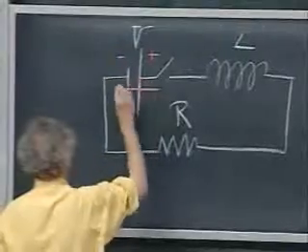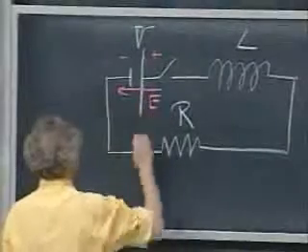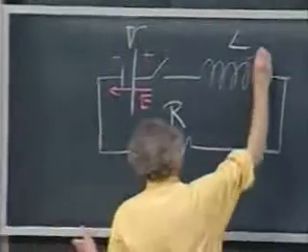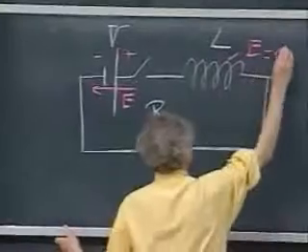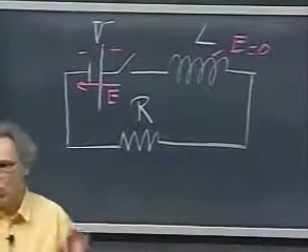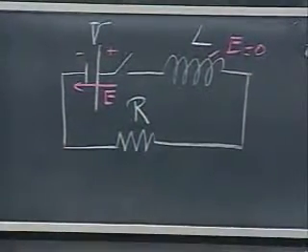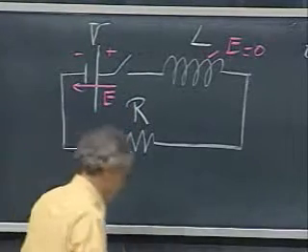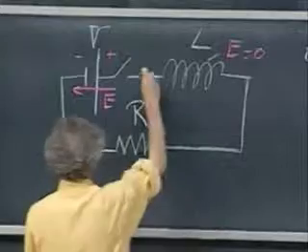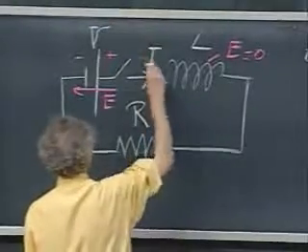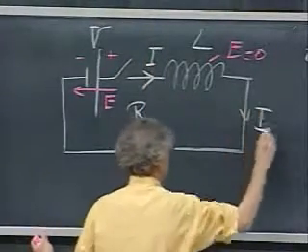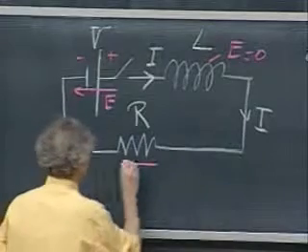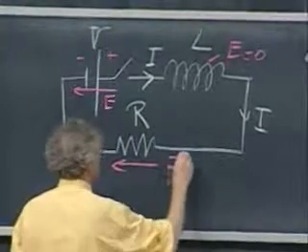This is the plus side of the battery and this is the minus side, so the electric field in the battery is in this direction. The electric field in the self-inductance is 0 because the self-inductance has no resistance. It's superconducting material. And so the electric field in the resistor, if the current is in this direction, which it will be, will be in this direction.